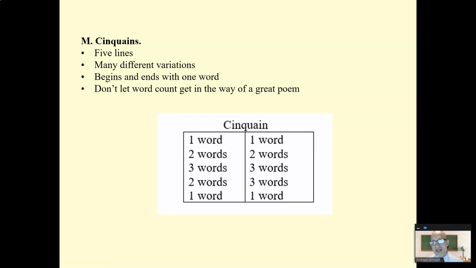Cinquains, five lines. There are different versions, but the one constant is you begin and end with one word. And don't let word counts get in the way of a great poem. Some have 1, 2, 3, 2, 1, some 1, 2, 3, 3, 4, some 1, 2, 3, 4, 1. It doesn't matter. Just get the poem out.